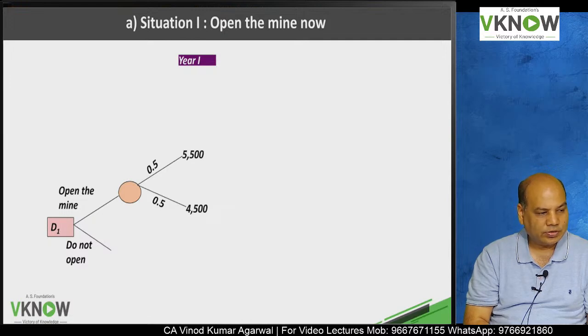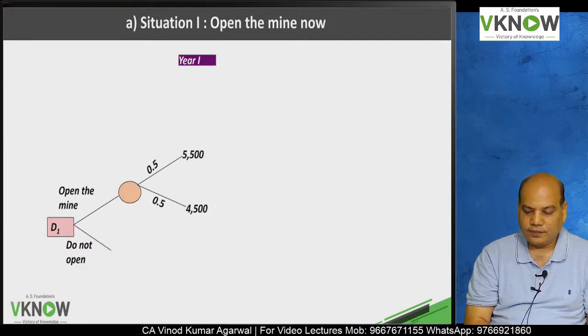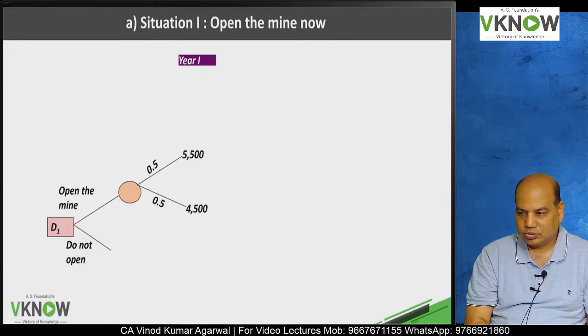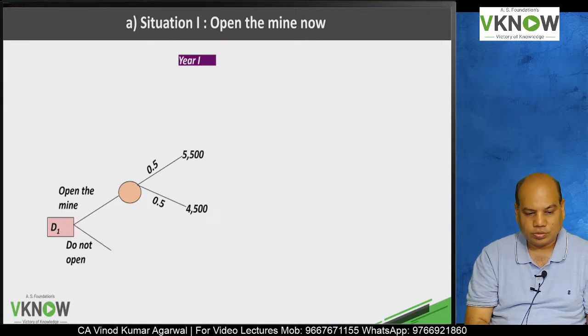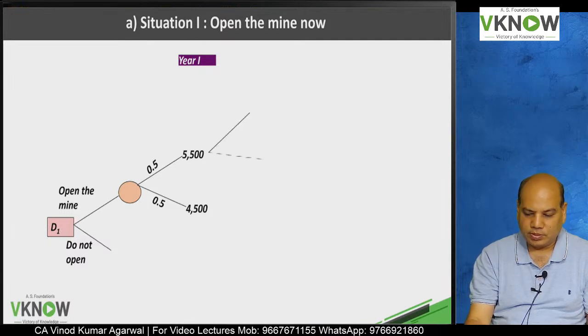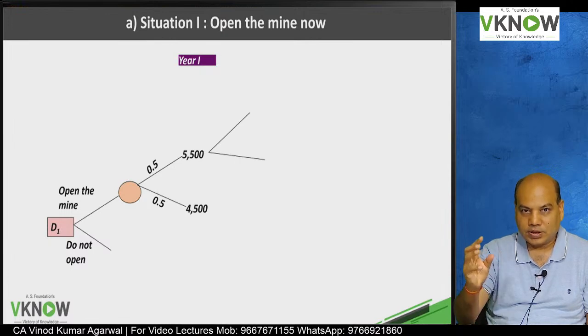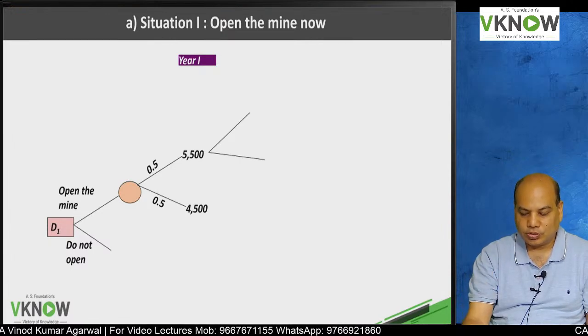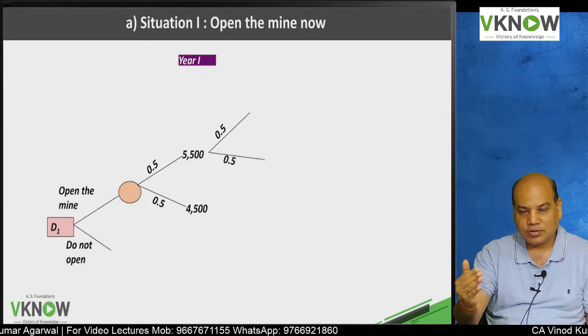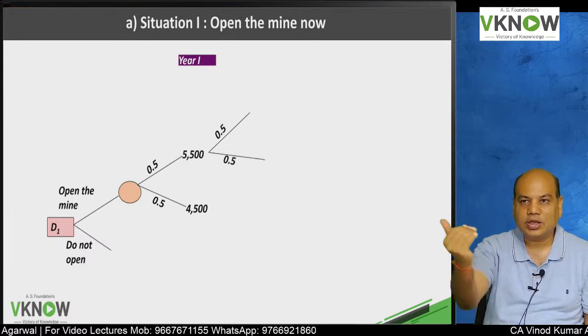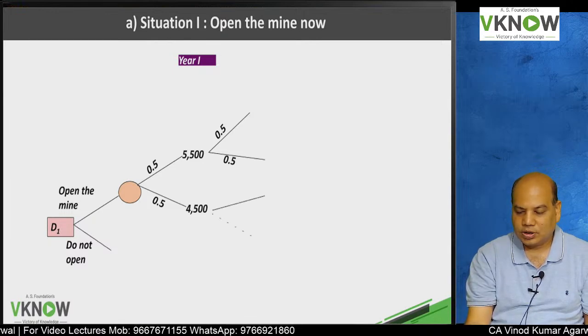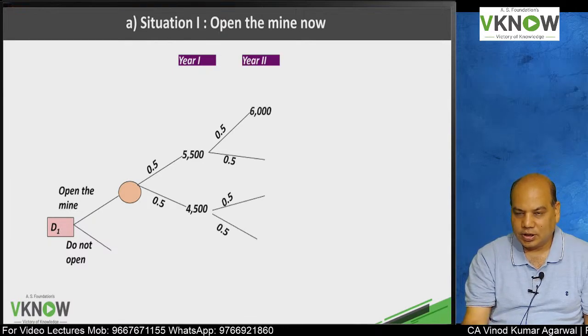Gold price can rise to 5500 with 0.5 probability, or gold price can go down to 4500 with 0.5 probability. If the price is 5500 at the beginning, then next year from there again there are 2 possibilities. The price can either increase by 500 or decrease by 500.